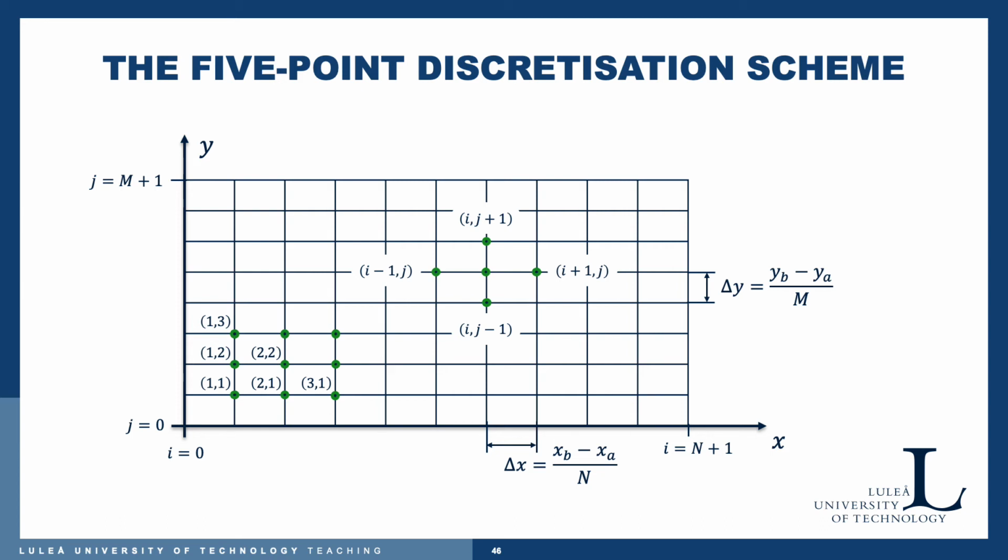So with the center at the node ij, we then have this 5-point scheme with a west, east, south and north connected node, and these are the nodes required to make the finite difference scheme for both the two Poisson terms containing epsilon x and epsilon y functions, as we will see on the next slide.